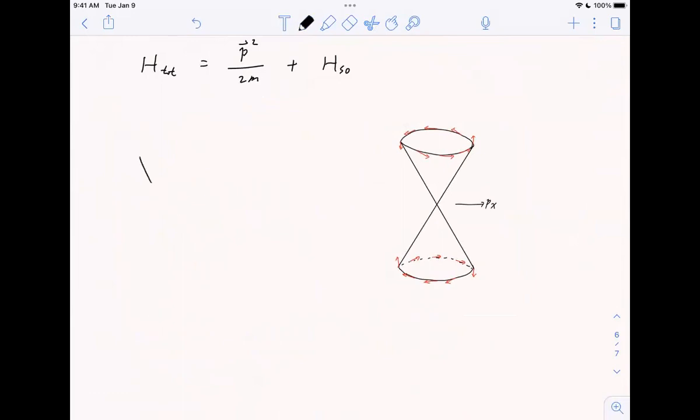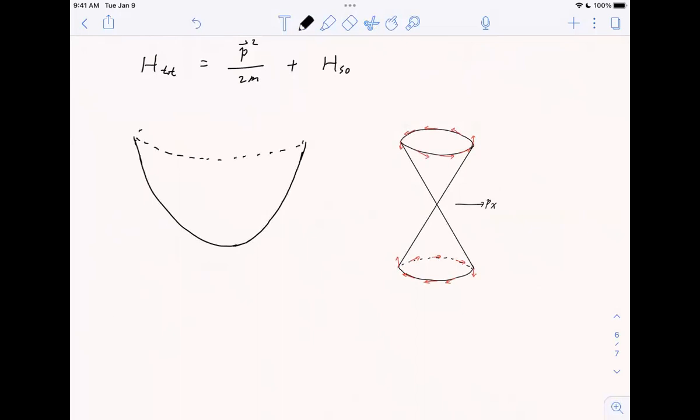How can I draw it? Let me draw it better. Okay, you get the idea, but the drawing is not very good. So you get a parabolic band.